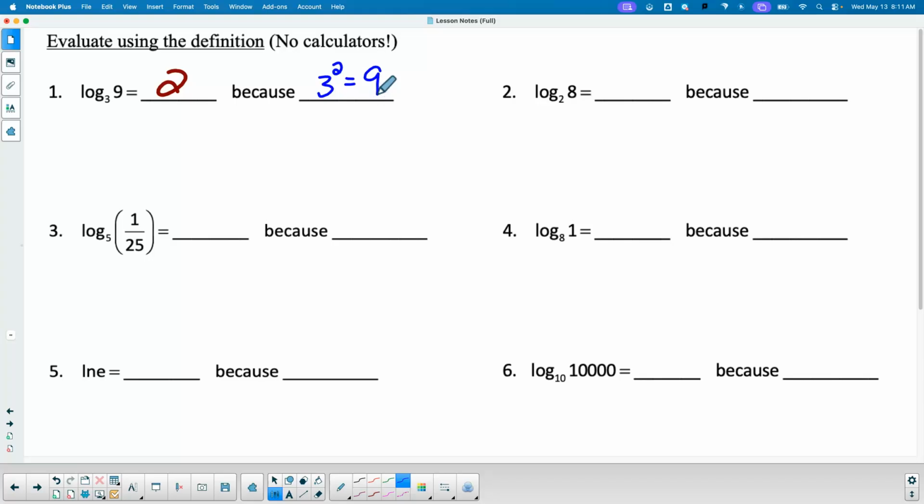Log base 2 of 8, and that's how you say it. Whichever log, we've got logs and we've got natural logs. So log base 2 of 8 is how we read that. What's that equal to? 3.